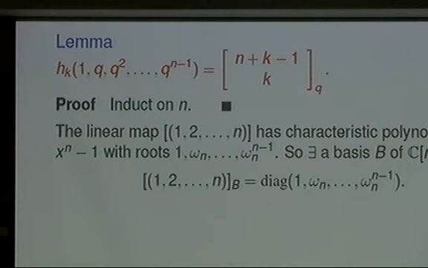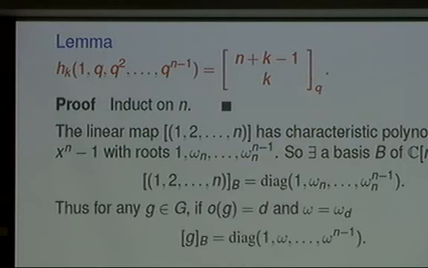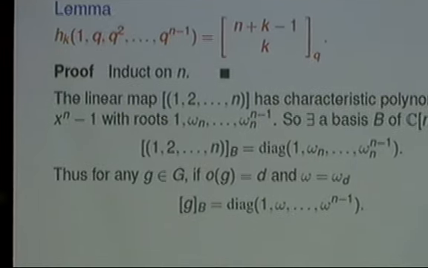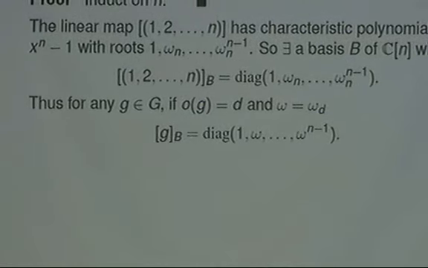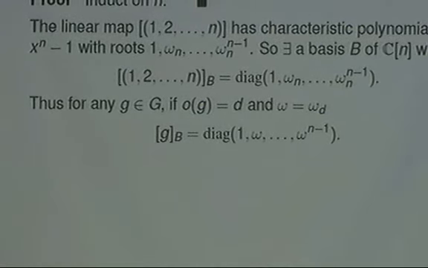And if you think about it a little bit, you'll see that the diagonal form of these guys has exactly the form that we got for the generator, except that rather than the primitive nth roots of unity, you're using primitive dth roots of unity, where d is, as usual, the order of this. And now we really are done. We've got all of the elements. Let's put them together.